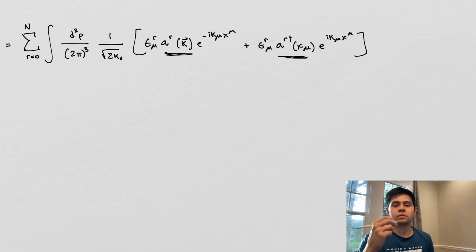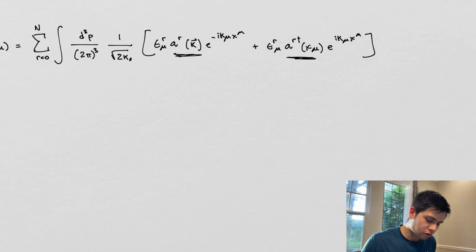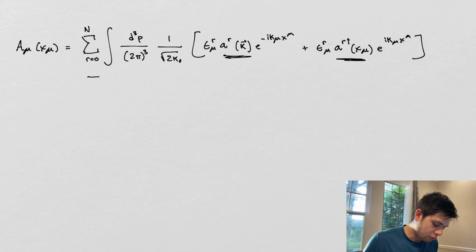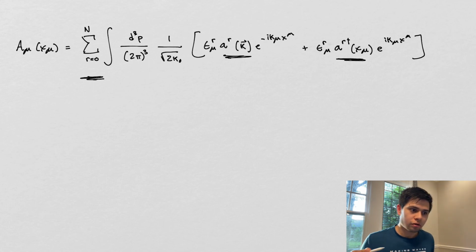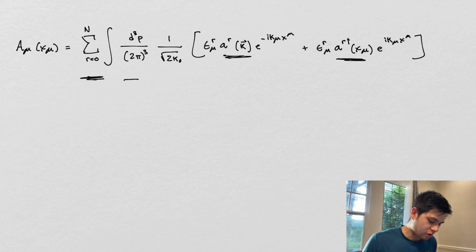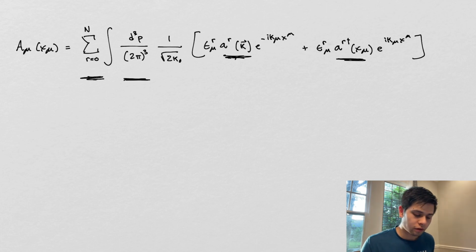Right, so what does this mean? This means we're summing over all possible polarizations, and we're summing over all possible plane waves. These are just coefficients or weights, if you will, on the plane waves, and these here are the polarizations also.